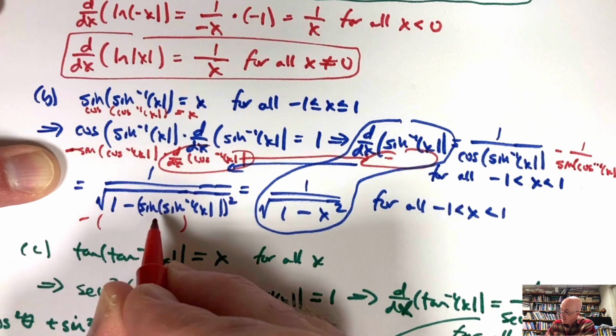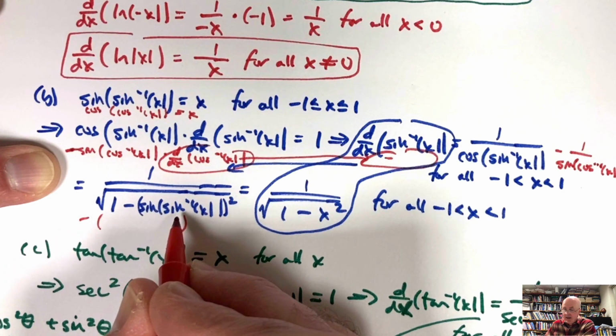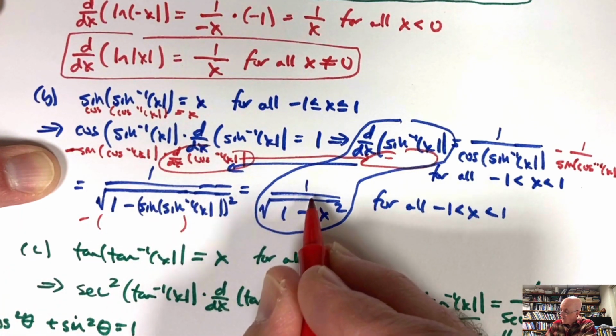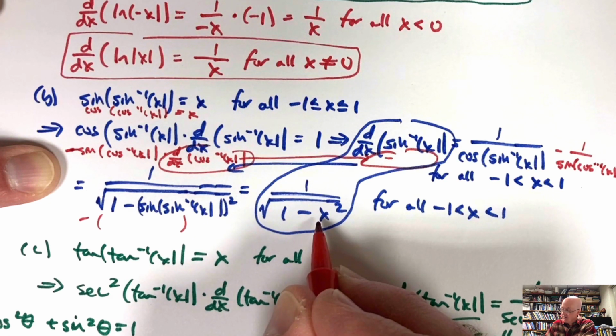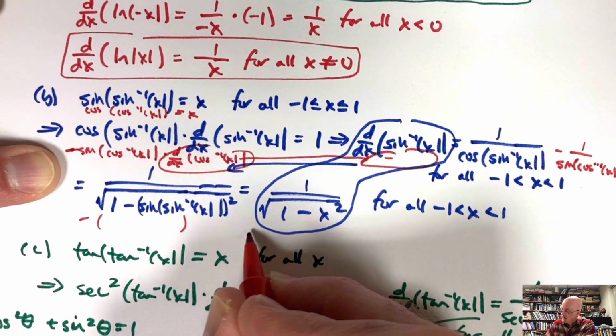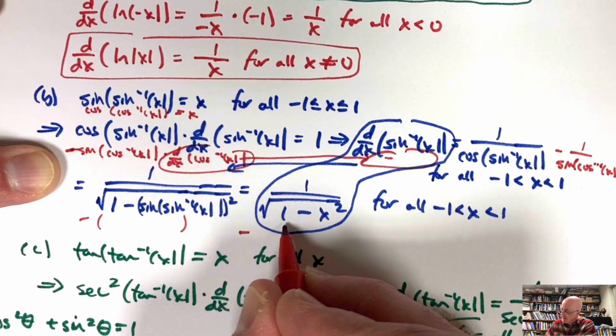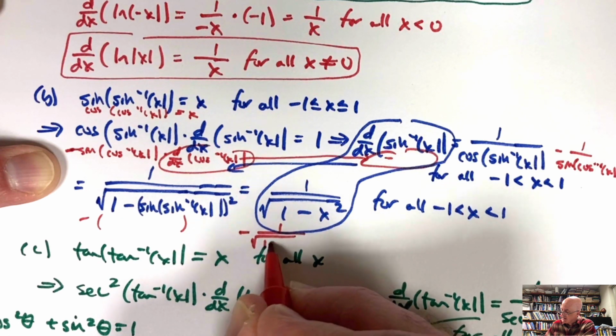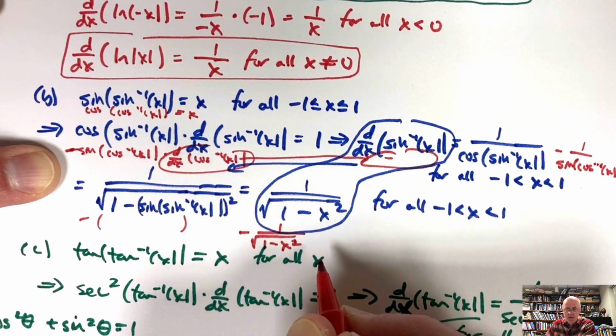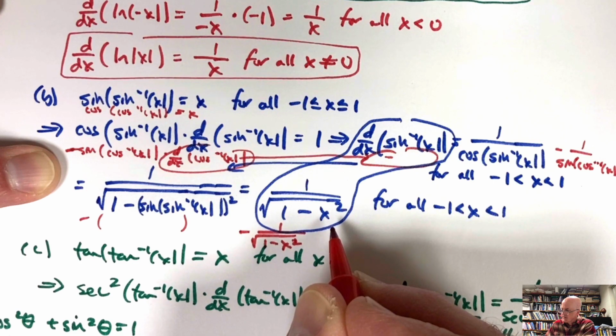You would still get 1 over square root of 1 minus x squared when you simplify, but with a negative sign in front. You would ultimately get negative 1 over square root of 1 minus x squared. Weird. The opposite of the derivative of inverse sine.